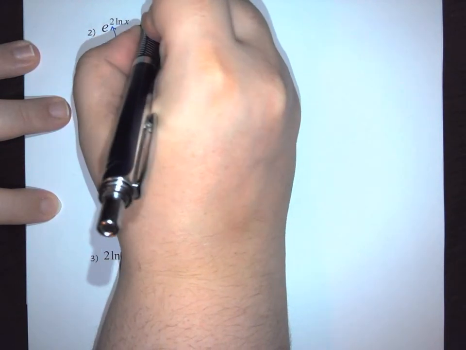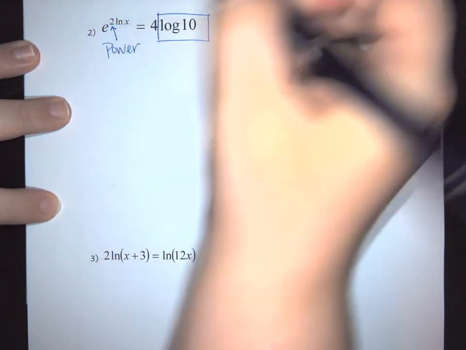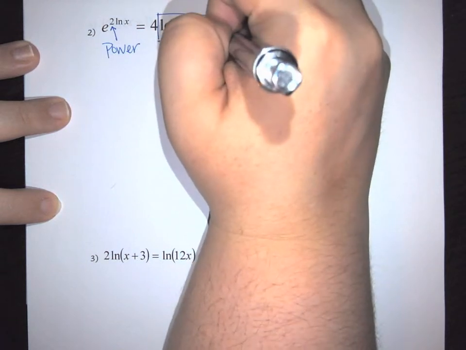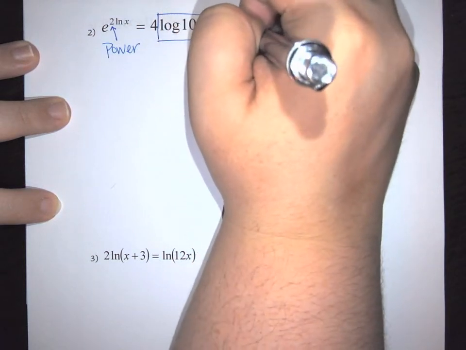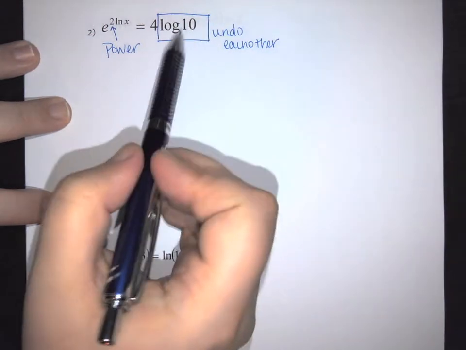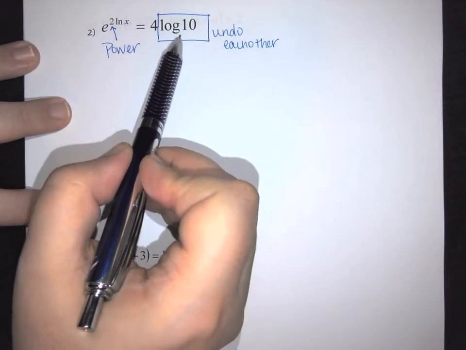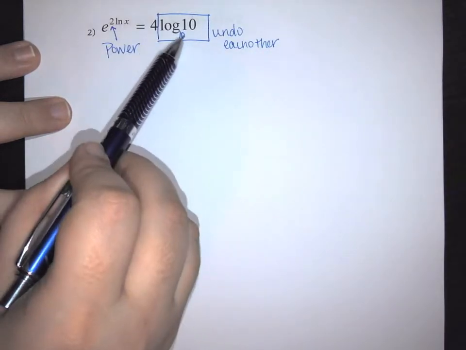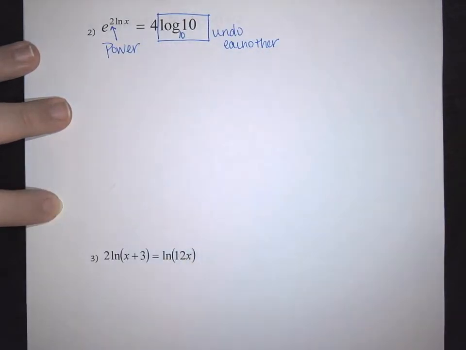Second, the log of 10, this undoes each other, because this is a common log, which means it is base 10. So since this is base 10, the log base 10 of 10 becomes 1.